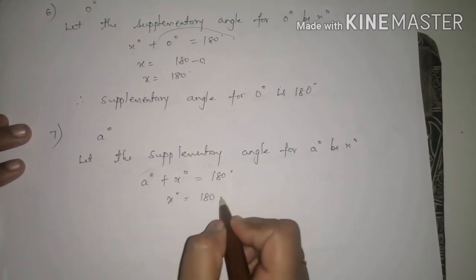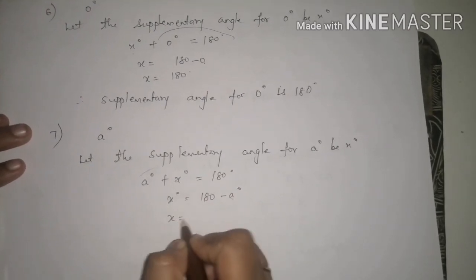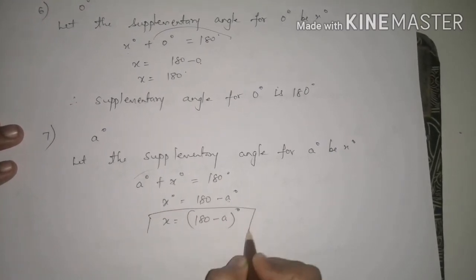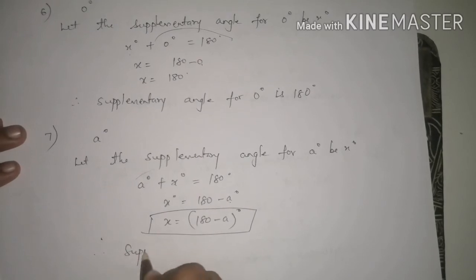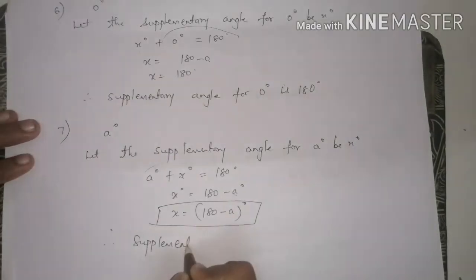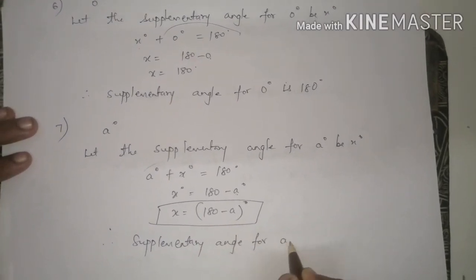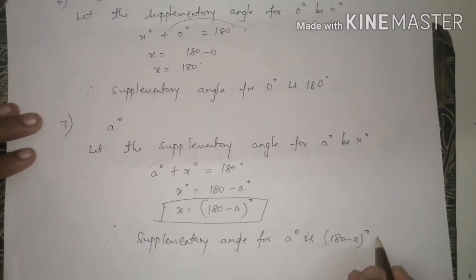So 180 degrees minus a degrees. We can't subtract an alphabet from numbers, so we have to keep it as it is in one bracket. So x is equal to 180 minus a degrees. So therefore the supplementary angle for a degrees is 180 minus a degrees. In brackets you have to put it.